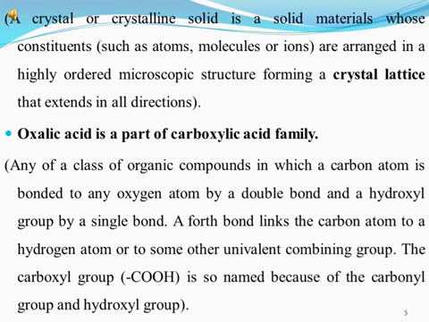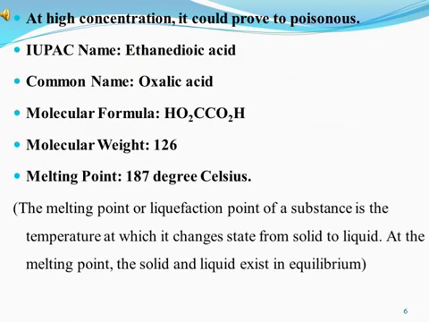A fourth bond links the carbon atom to a hydrogen atom or to some other univalent combining group. The carboxyl group, COOH, is so named because of the carbonyl group and hydroxyl group. At high concentration, it could prove to be poisonous.